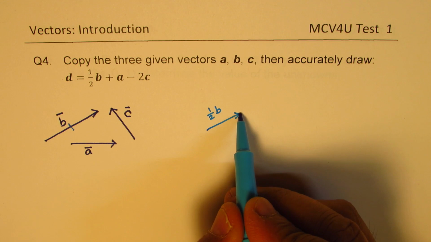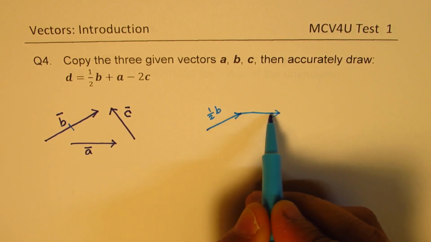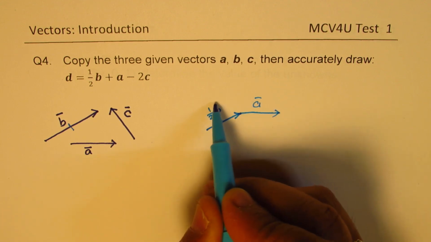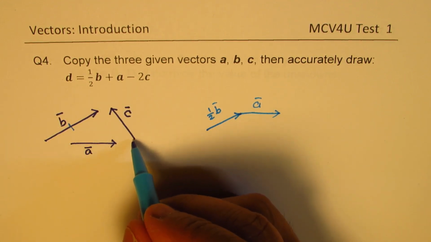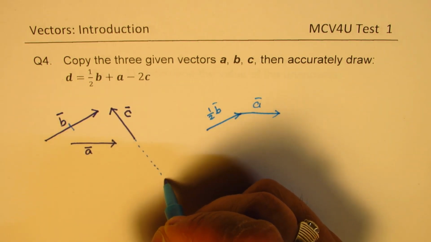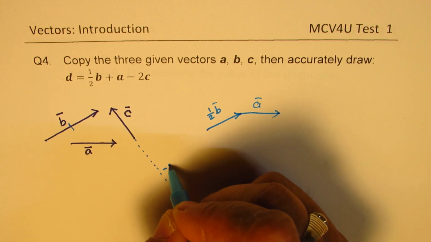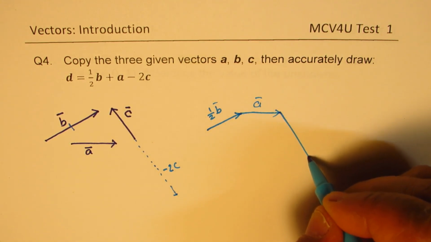We can place it here with the tail at the head. Same length and same direction. So that is a. Minus 2c. c was going in this direction. Minus 2c will be actually twice the length like this. Right? So that is minus 2c. So we'll put it here, minus 2c.